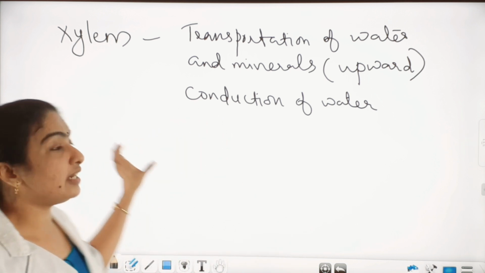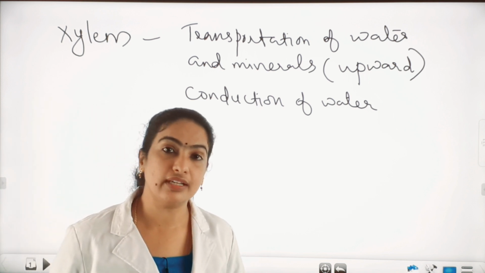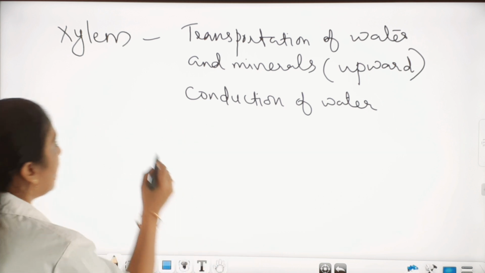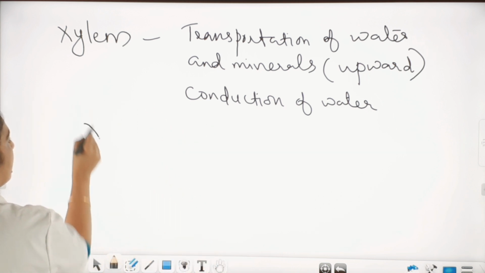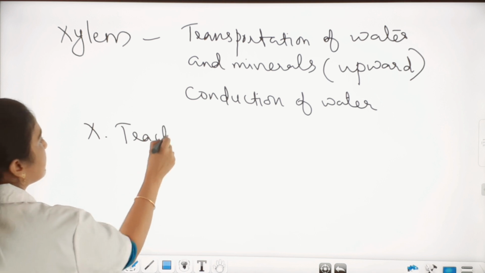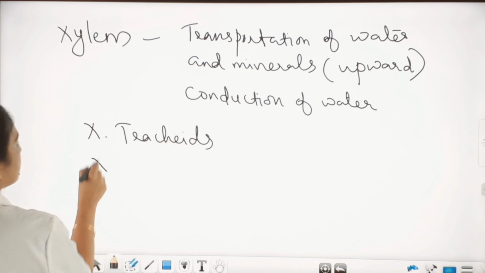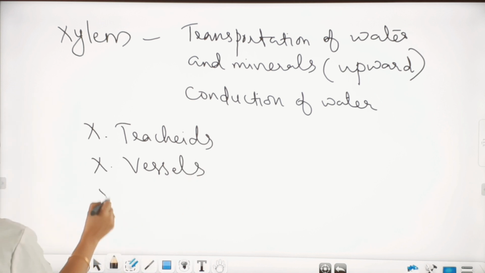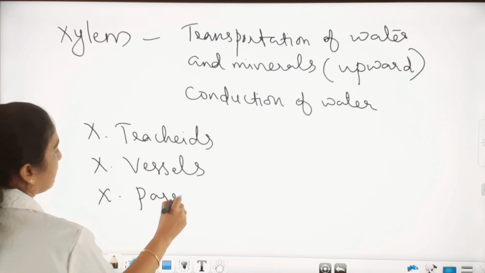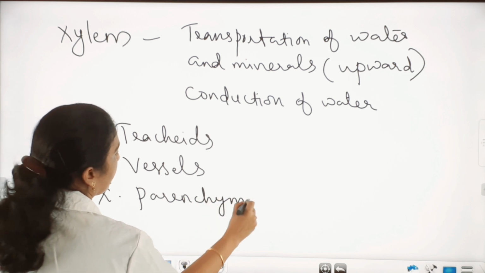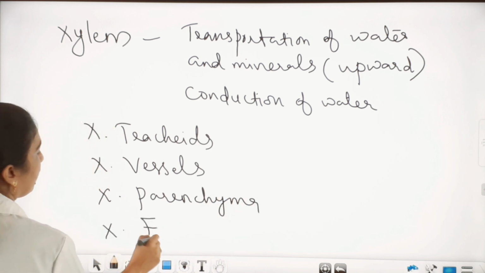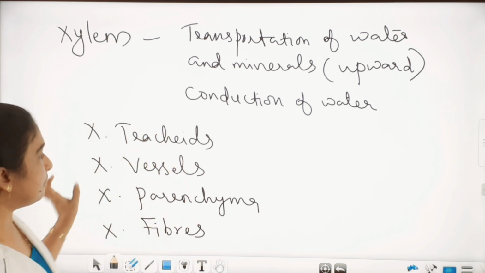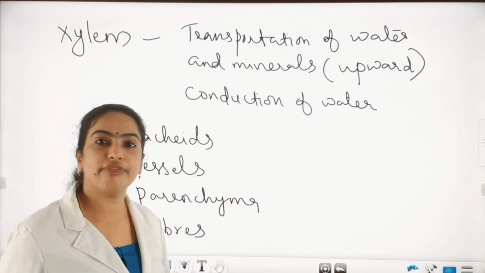And which are the components of xylem tissue? You already learned in 9th standard. The components of xylem tissue are xylem tracheids, xylem vessels, xylem parenchyma and xylem fibers. These are the major components of xylem tissue that help for the conduction of water.